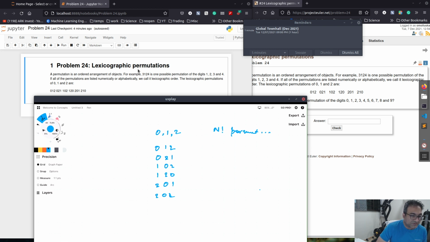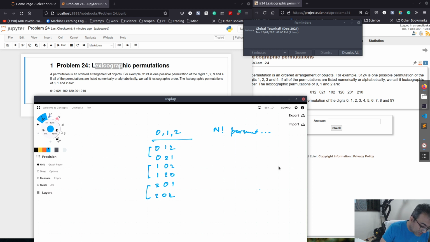The reason they are written like this is because lexicographically the first one always comes in sequence, then the second one and the third one and so on. So I think I see a pattern.